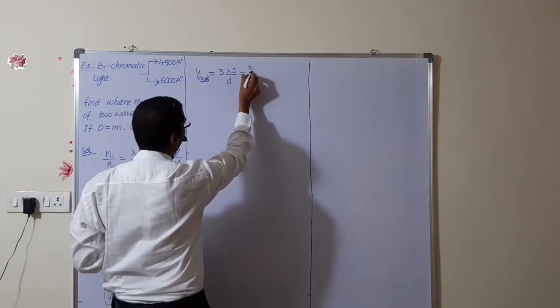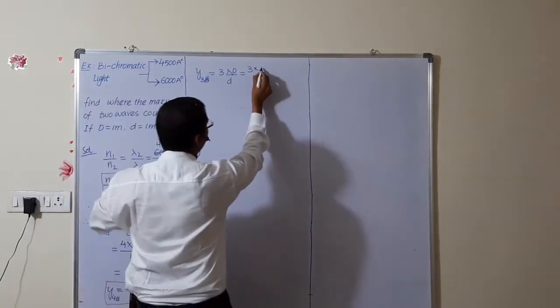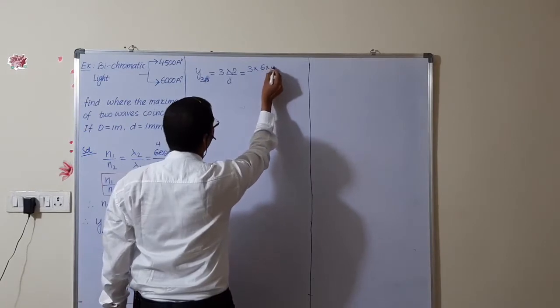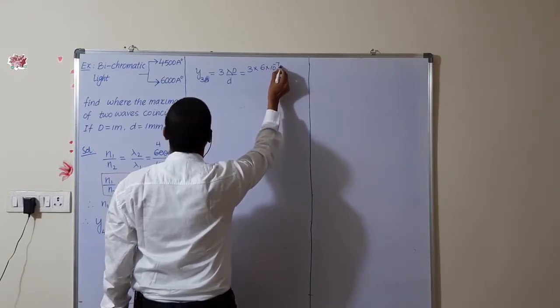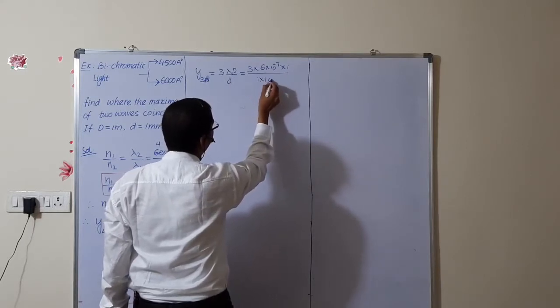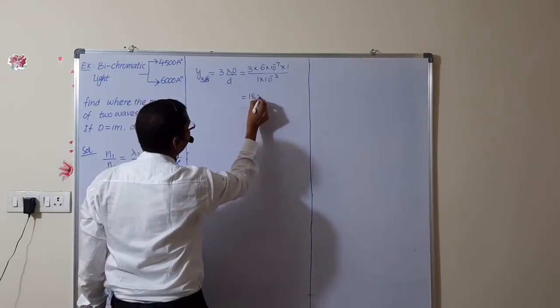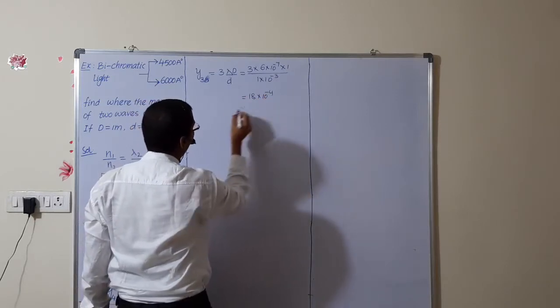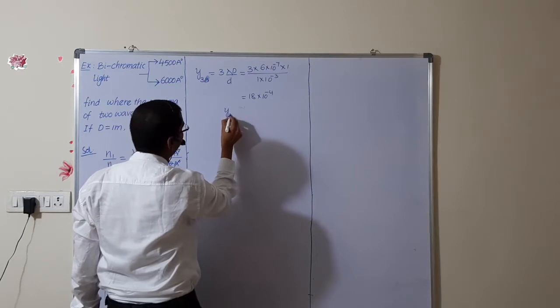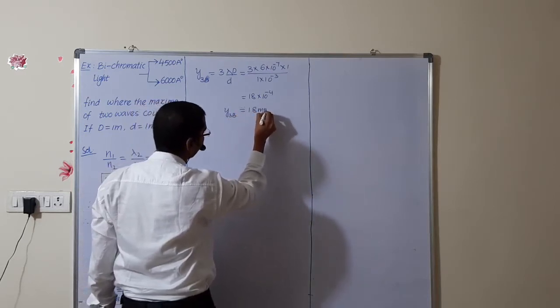Lambda 2 is equal to 6 into 10 to the power of minus 7, into 1 upon 1 into 10 to the power of minus 3. Here 18 into 10 to the power of minus 4. The third bright fringe is equal to 1.8 millimeter.